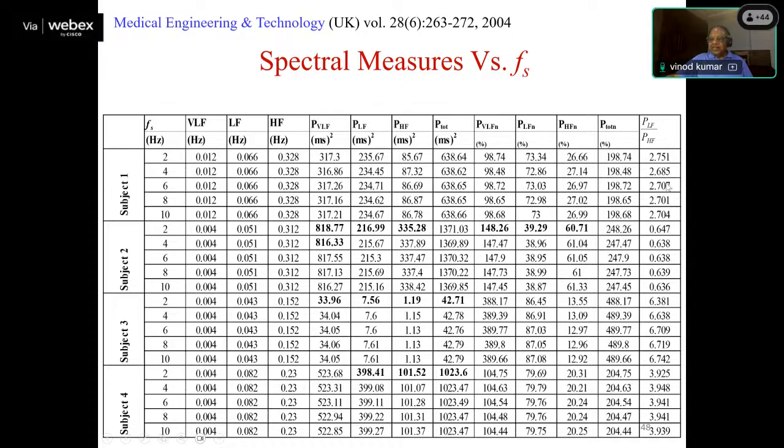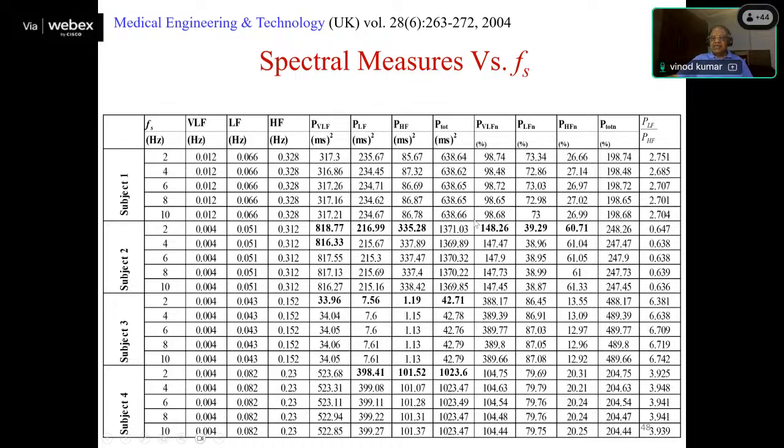So we find that when the ratio becomes almost constant, say 2.707, 2.701, up to 2 or 3 decimals, the value is the same, we feel that this sampling frequency should be taken as the best sampling frequency on a large data set.